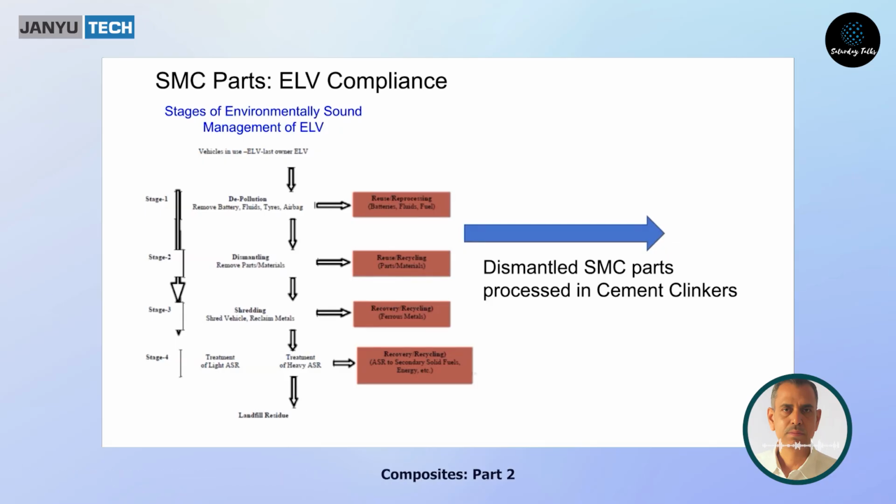Plus, this can be used for co-processing of cement. Co-processing means it works as a raw material, improving the quality of the cement, and it also gives the required energy to bake it, the energy required for cement manufacturing.